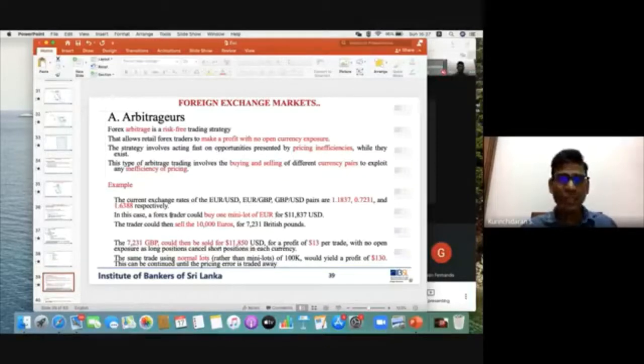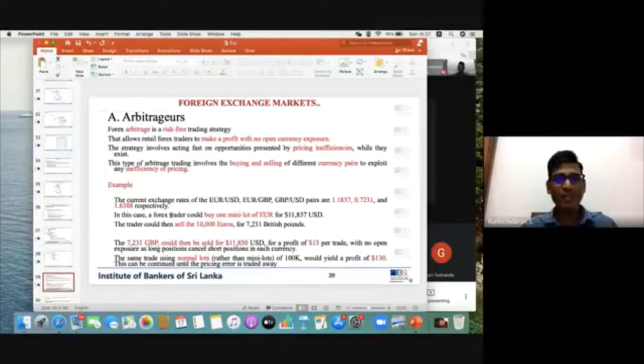You have to act very fast and grab the opportunity. So you use these arbitrages and pricing inefficiencies, buying and selling in different currency pairs.